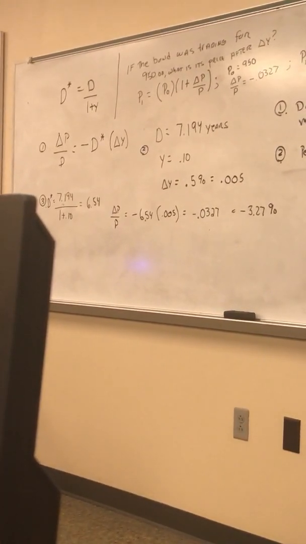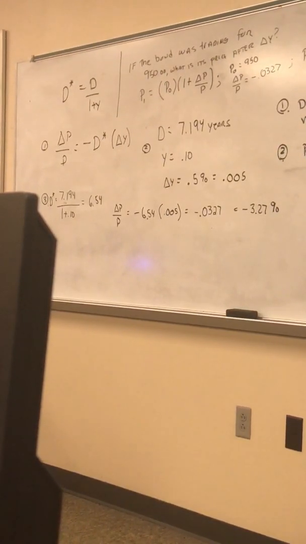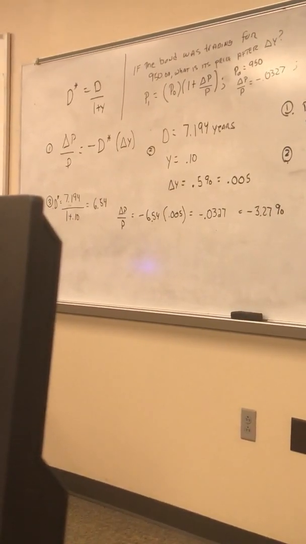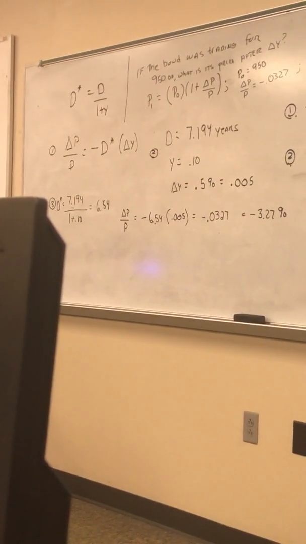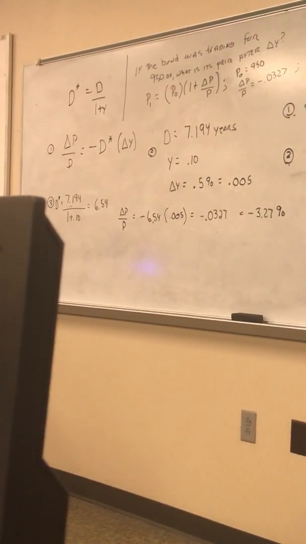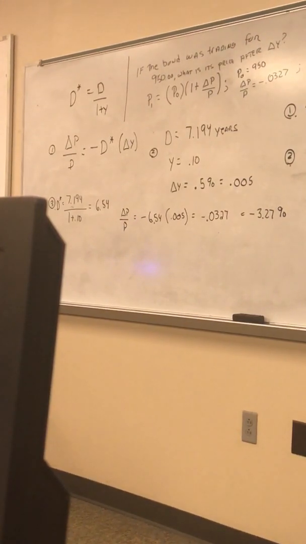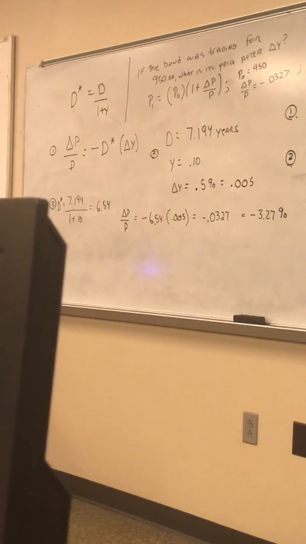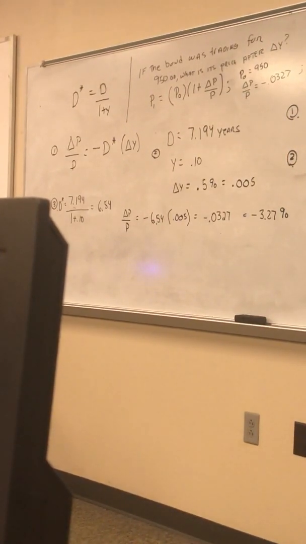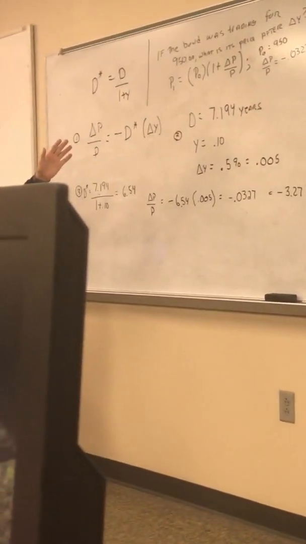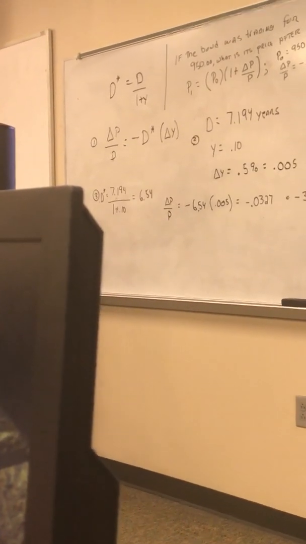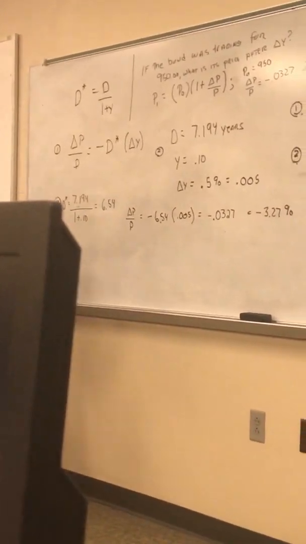So whenever I write that triangle, it means the change in. We use that a lot. Anybody have any questions on this? This could be 2 questions on the next exam. All right, it's important. We all good on this one right here? Good. All right. Let me go to the next one.